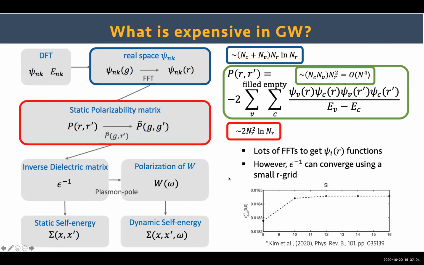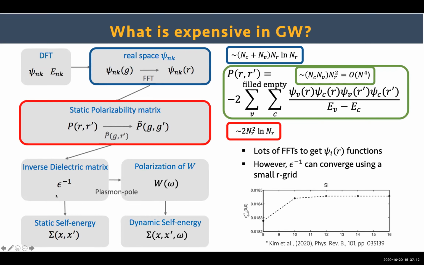So what are the main elements of the GW method, and what are the most expensive steps? We can summarize it using this diagram, but the main thing that we want to get is the inverse dielectric matrix, which is epsilon inverse here.